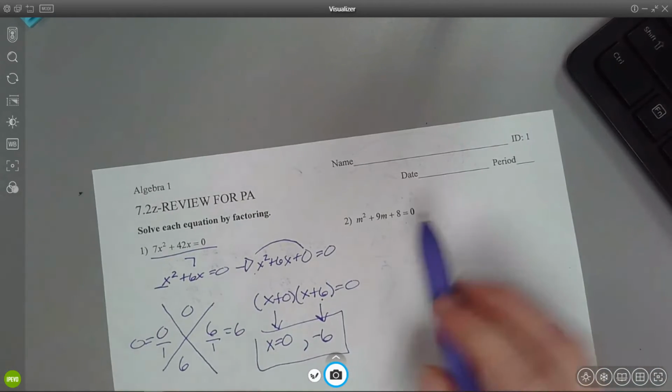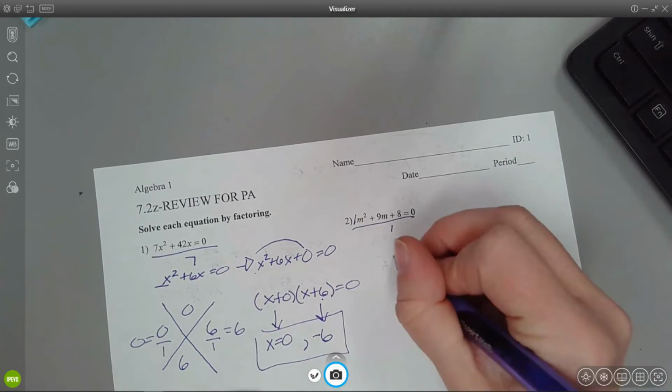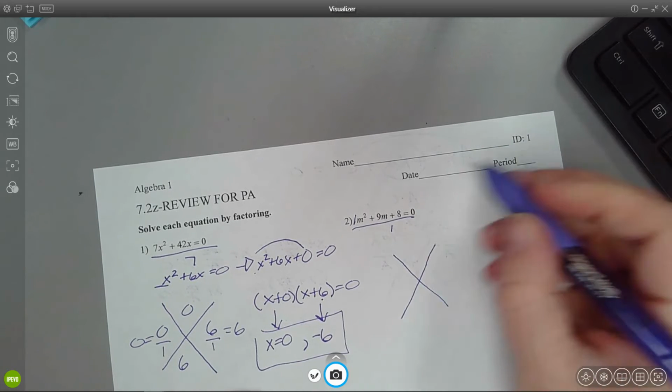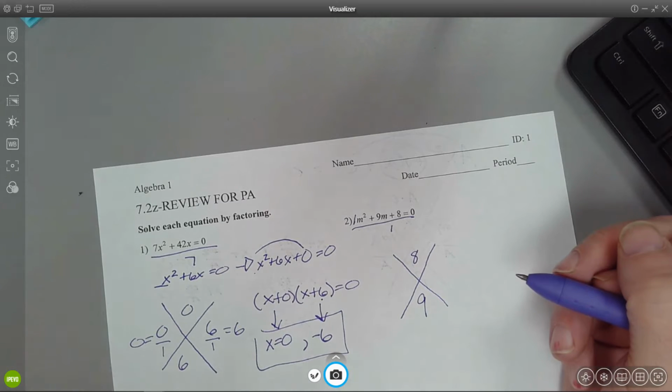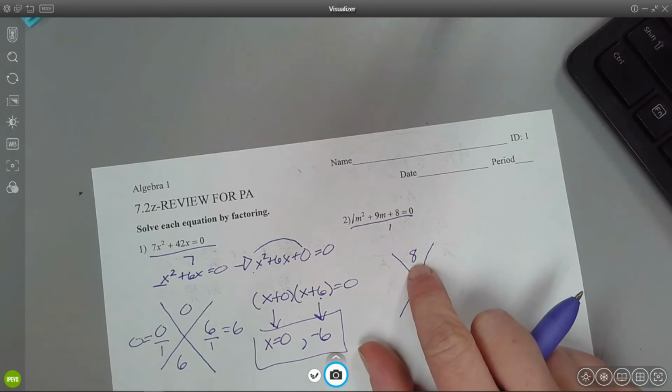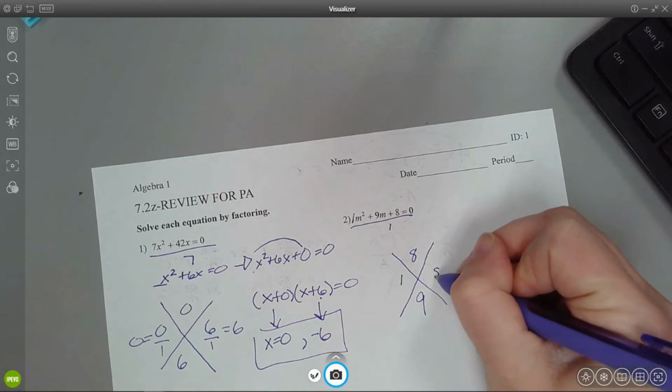Taking a look at number 2, my front term is a 1, so I've got nothing to divide out of it. We're going to make the diamond. Multiply the outside: 1 times 8 is 8. Drop down the inside. Look at your yellow factor sheet. What can multiply to an 8? 1 and 8, 2 and 4. Which of those can make a 9? That's just going to be 1 and 8.